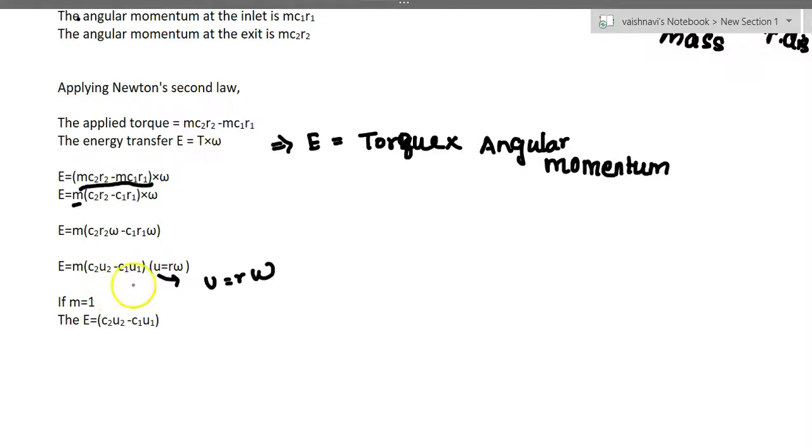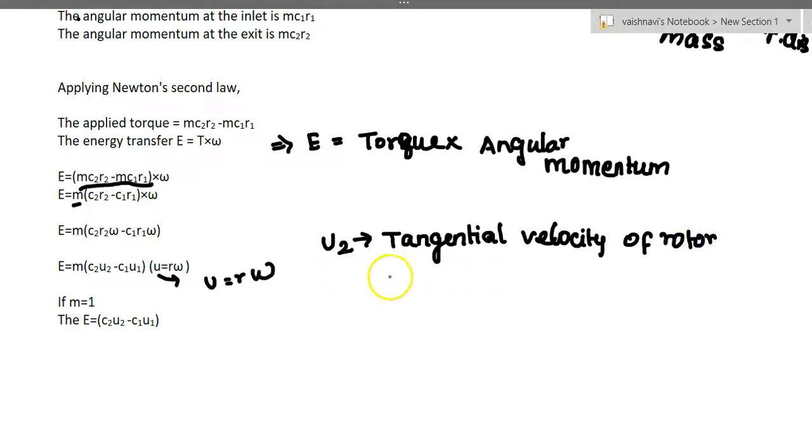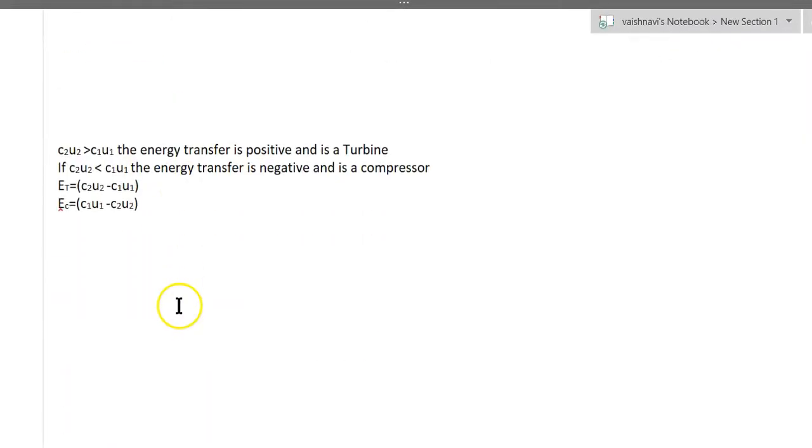This u2 is the tangential velocity of the rotor, and c2 is the tangential velocity of the fluid. And finally, if the mass is equal to 1, that is a unit mass, then the final equation will be E is equal to c2 u2 minus c1 u1.